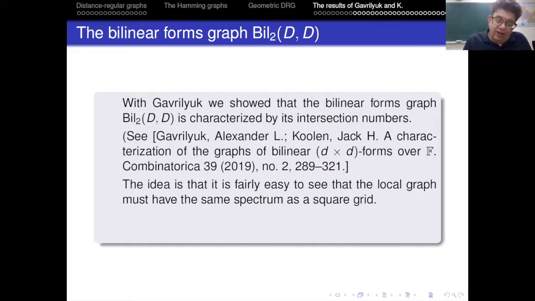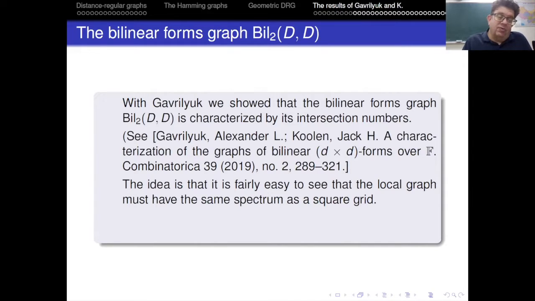You only get it after you have shown that it is the bilinear forms graph. Then you get that the graph is geometric. Because beforehand you don't know whether you can split the delta cliques in 2 sets of geometric delta cliques. You don't know that. And how do you do this?